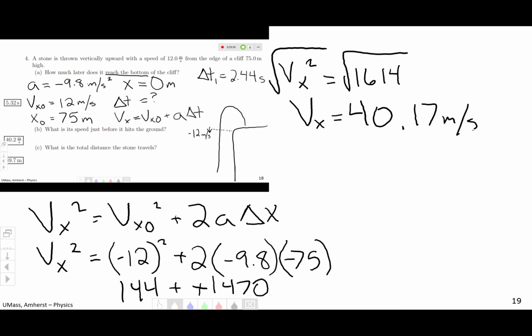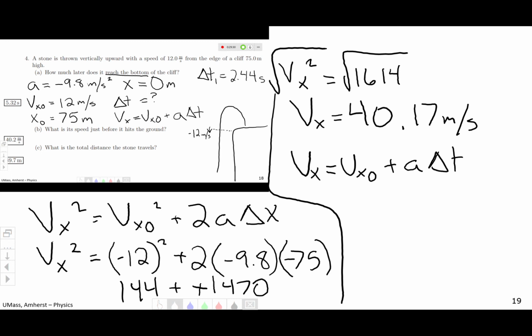40.17 meters per second. With this information, we can now use Vx equals Vx0 plus a delta t. We can say our Vx is negative 40.17. Again, it's negative because it's moving down. Equals negative 12 plus negative 9.8 delta t.